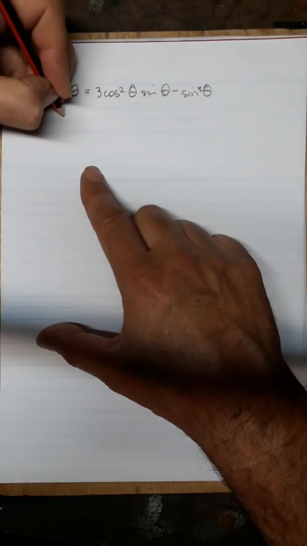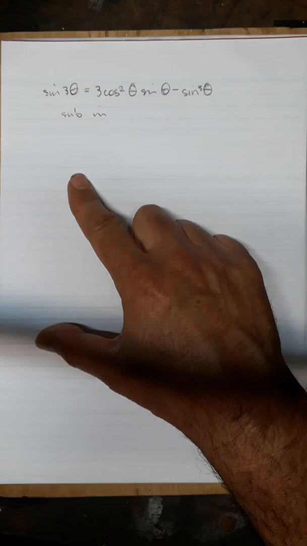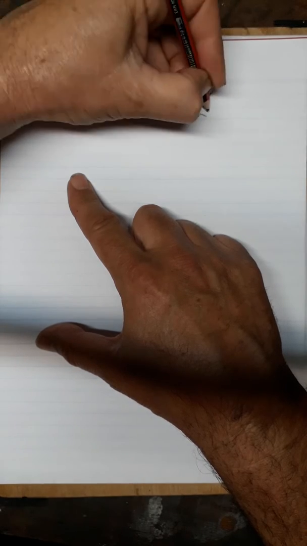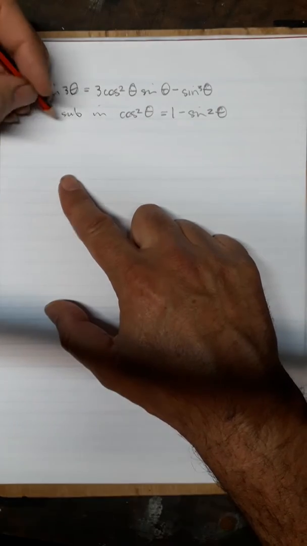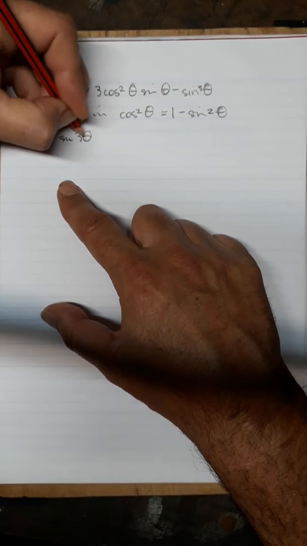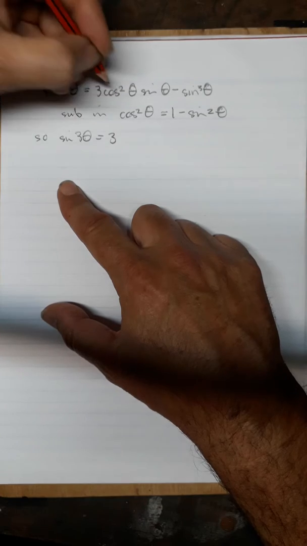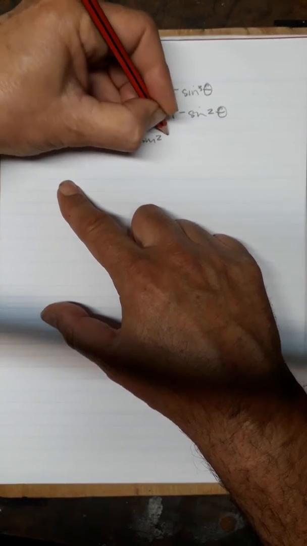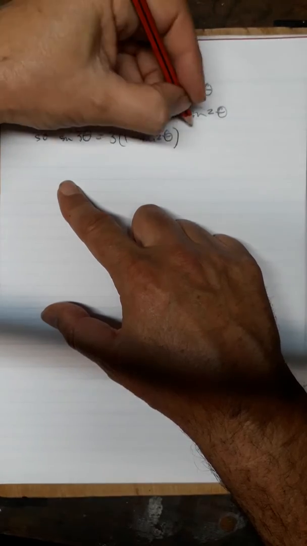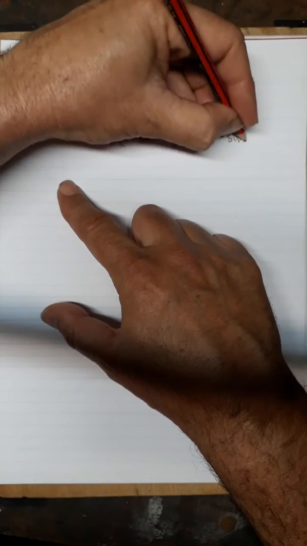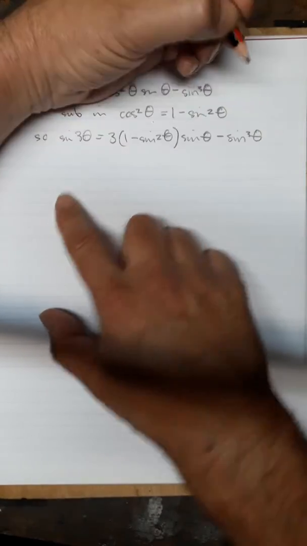So let's sub in cos squared theta equals 1 minus sine squared theta. So what are we going to end up with here? Sine 3 theta equals 3 times 1 minus sine squared theta times sine theta, minus sine cubed theta.